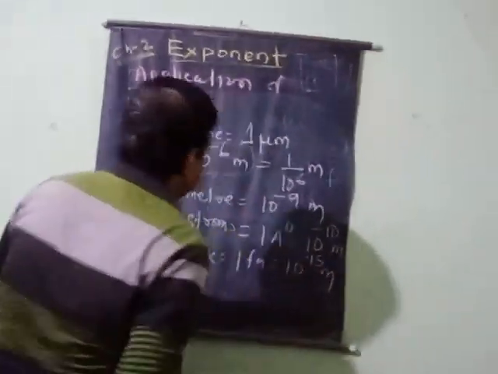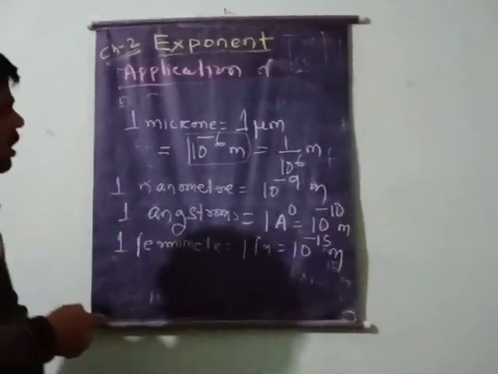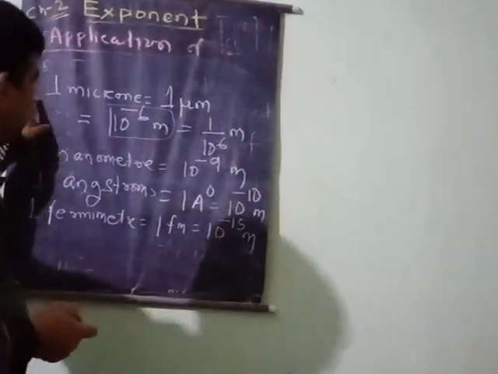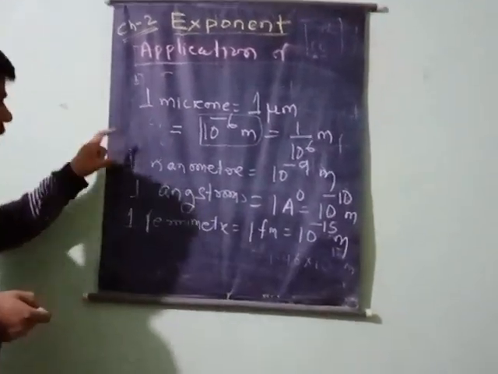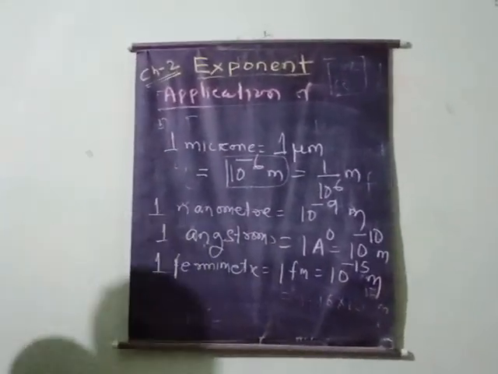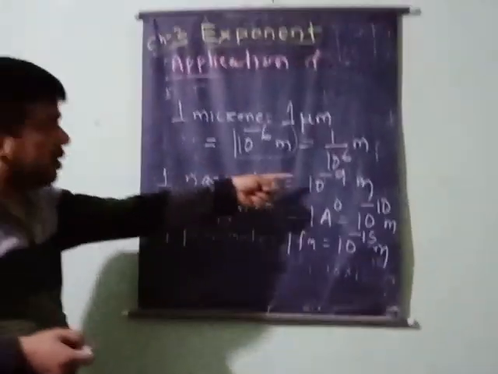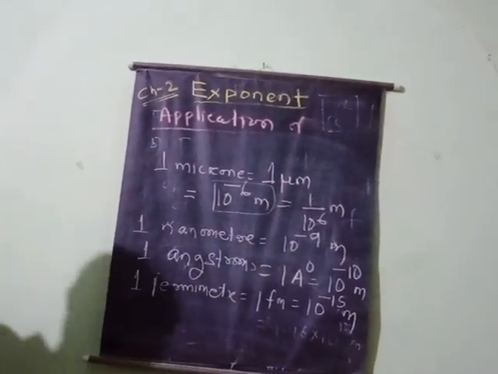Students, remember these values are also used in the scientific field, and in chemistry to find out the size of the atom, size of the nucleus, size of the ion, size of the electron. This type of thing you measure. Exponents are widely used in the field of science. Is it clear?